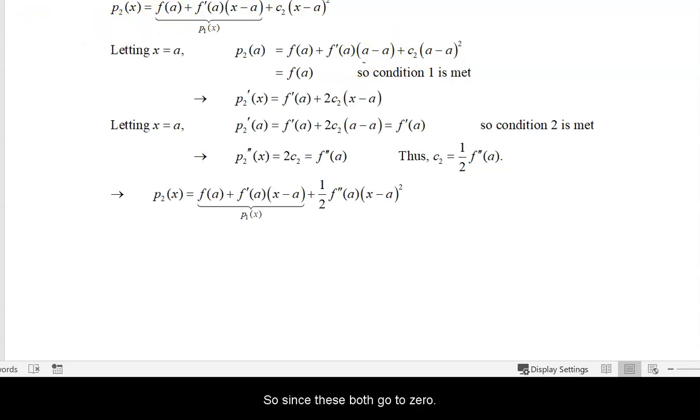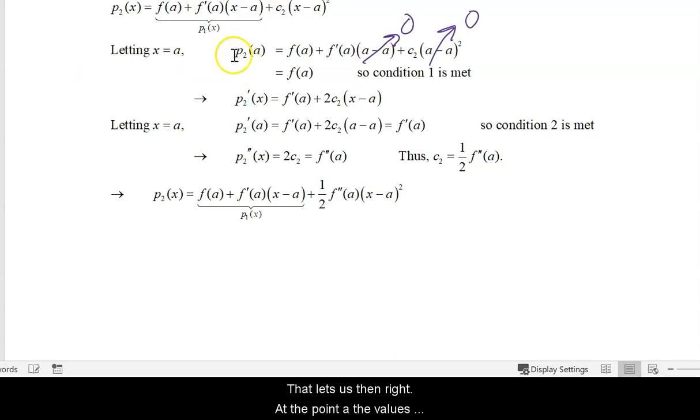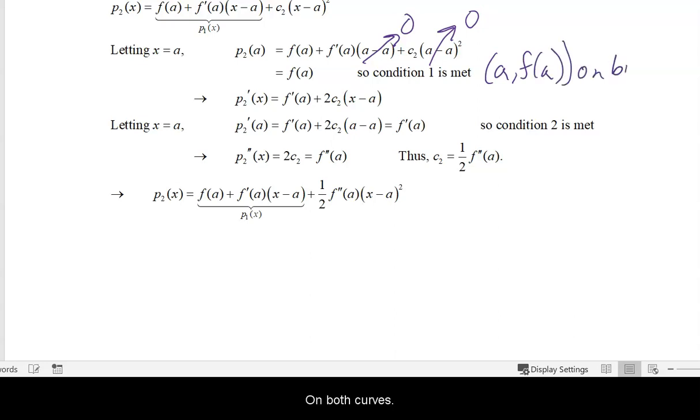So since these both go to 0, that lets us write that at the point a, the values agree, and that meets condition 1, that the point a, f of a is on both graphs. So that is our condition 1, a, f of a on both curves. And by both curves, we mean f of x and P2 of x.